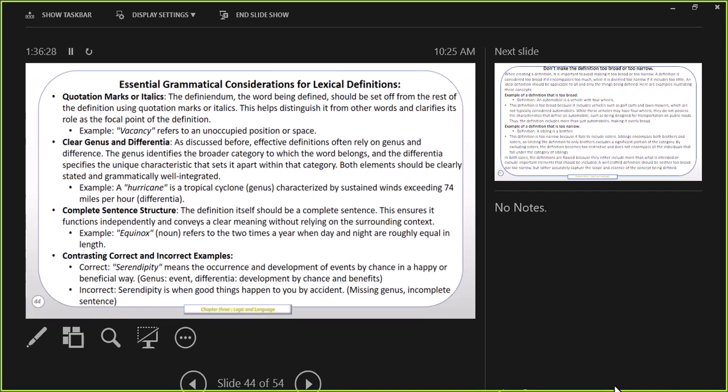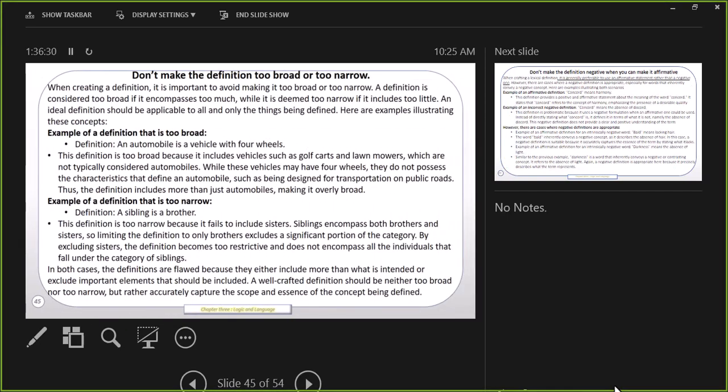Don't make a definition too broad or too narrow. When do we consider a definition too broad, and when do we consider it too narrow? It's easy to confuse broad definitions with narrow definitions.